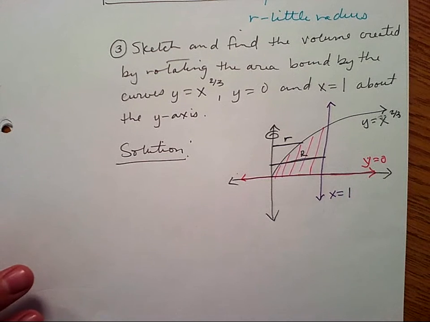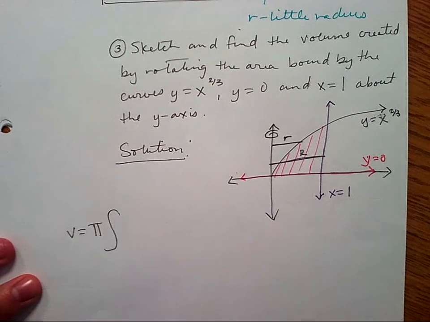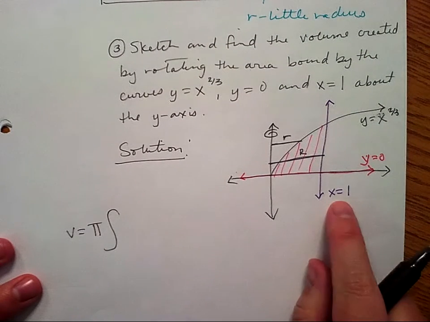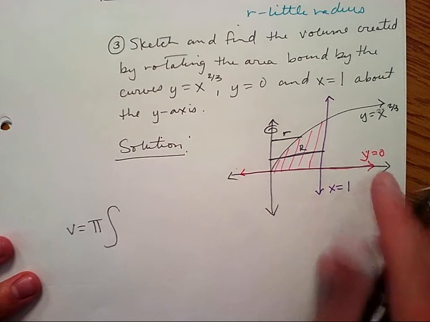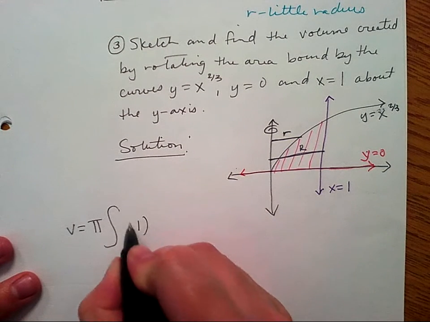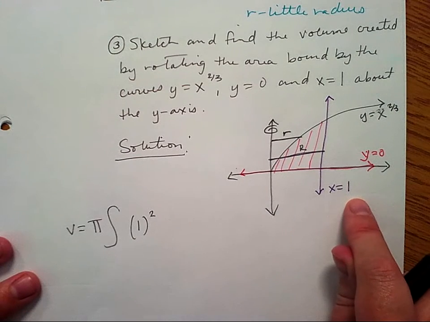Let's see if we can write that. I have volume equals pi times the integral of the big radius, which is x equals 1, right? That's good.